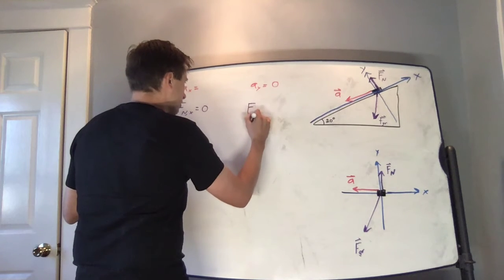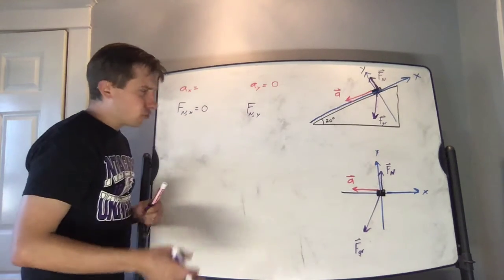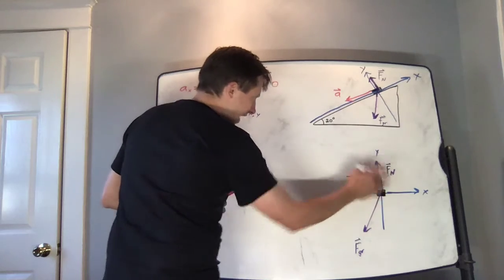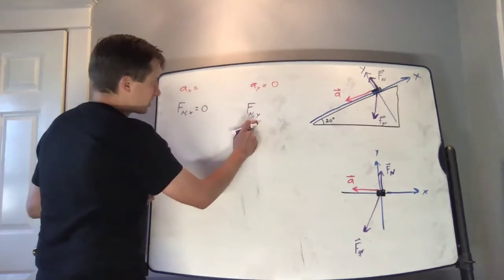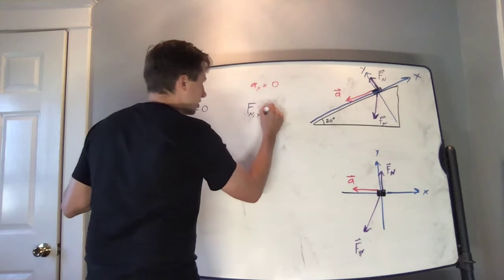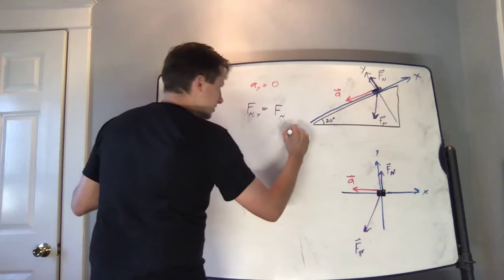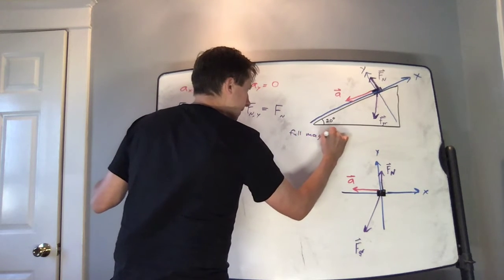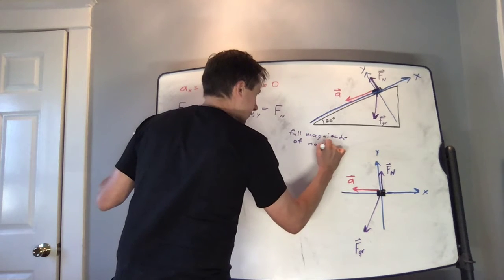The normal force in the y direction, well, the normal force in the y direction is going to be entirely the magnitude of the full normal force vector. So I'll write the normal force in the y direction is equal to Fn, where this is the full magnitude of the normal force.